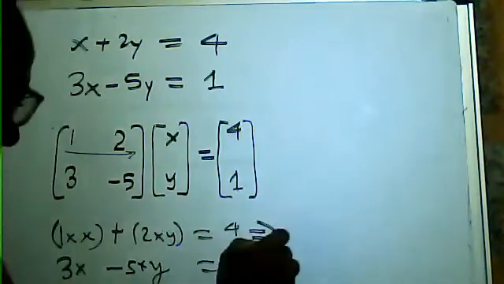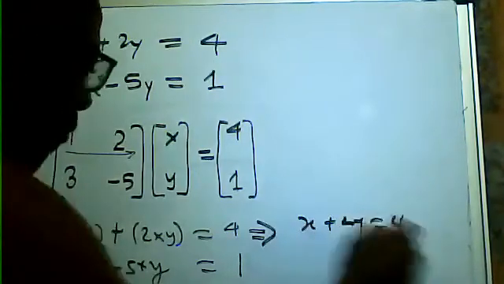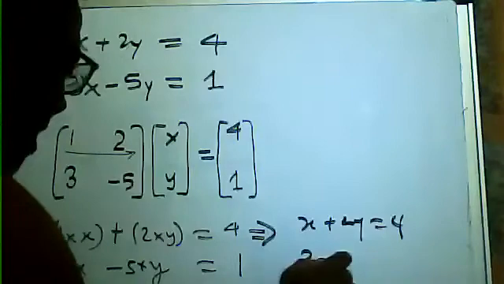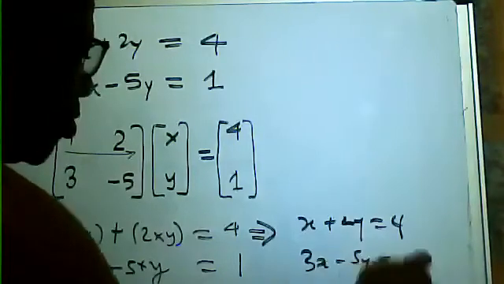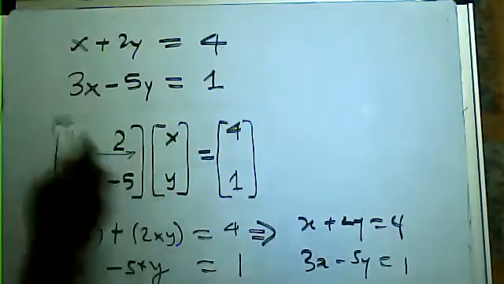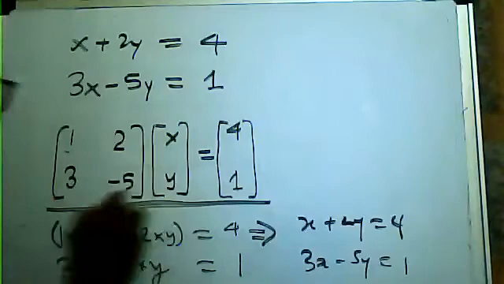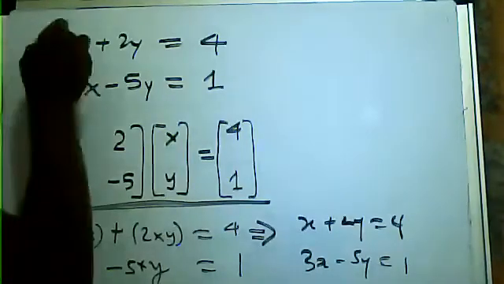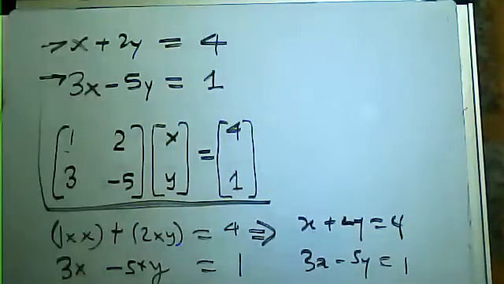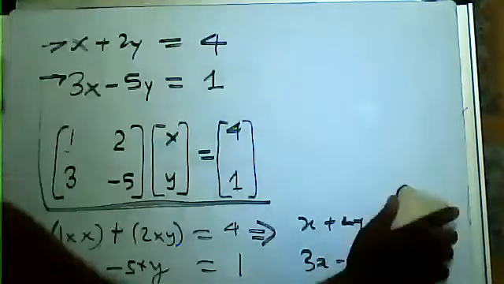And when we solve this, it will give us x plus 2y is equal to 4, and 3x minus 5y is equal to 1. This tells us that this matrix we have written here is exactly the same as what is here. Nothing has changed. Okay?